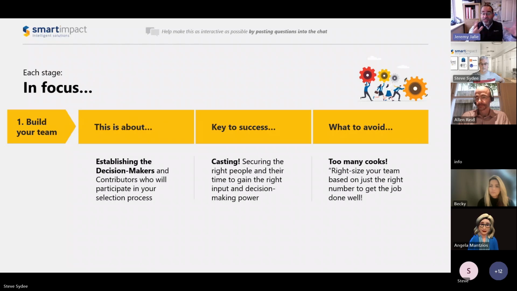And ideally, though the size of the organization tends to determine this, someone who can lead business requirement gathering in the organization, so a business analyst or someone with that skill set.